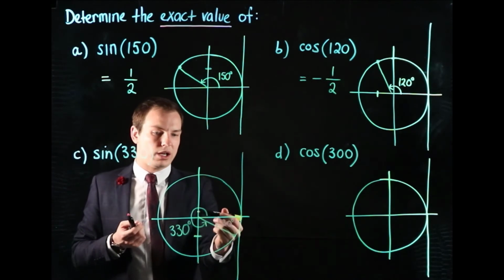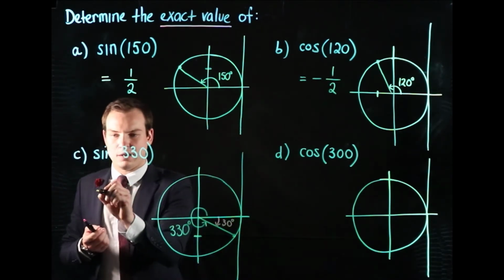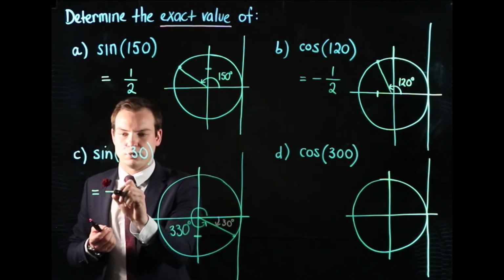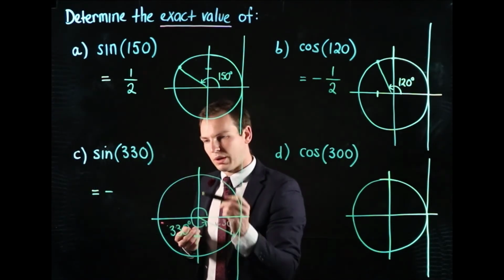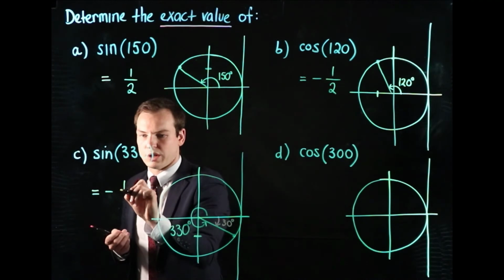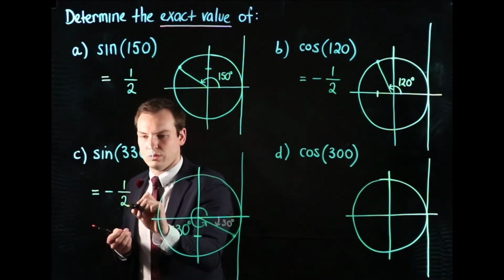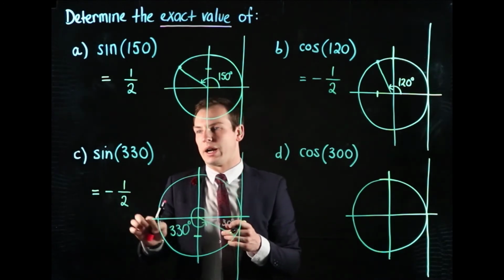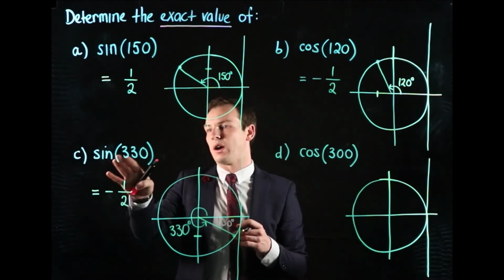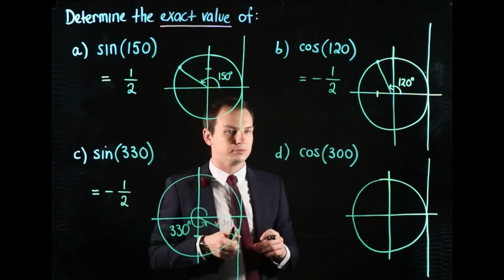Because we're reading it off the y-axis, this is going to be a negative value. So this is equal to negative, and the pattern goes root 1 on 2, root 2 on 2, root 3 on 2, so for this example, root 1 on 2, which is 1/2. So our overall answer is negative 1/2 is the exact value for sine of 330.